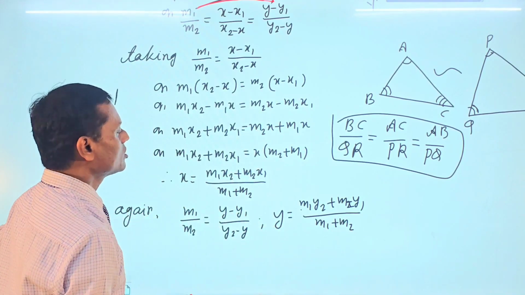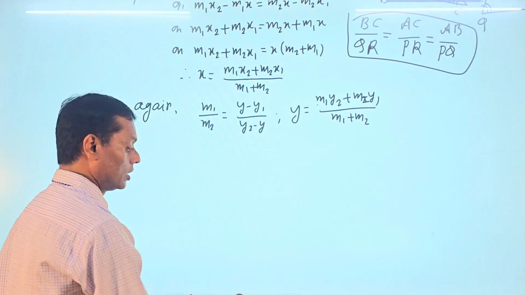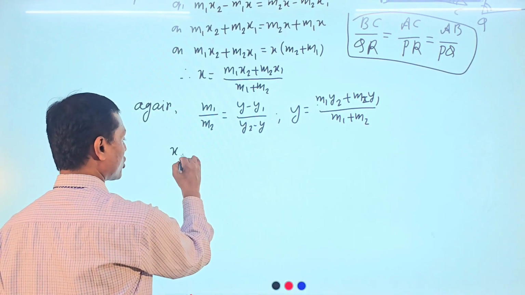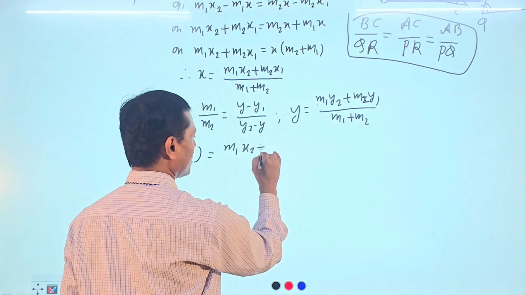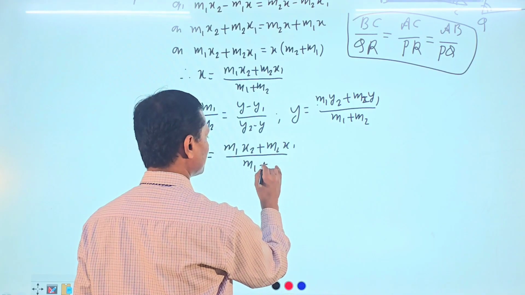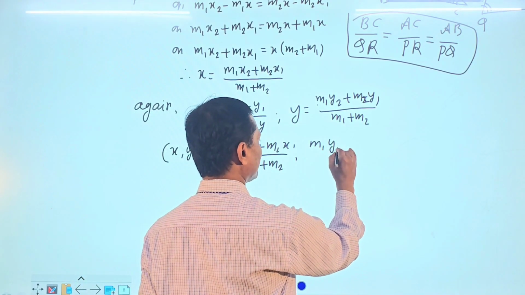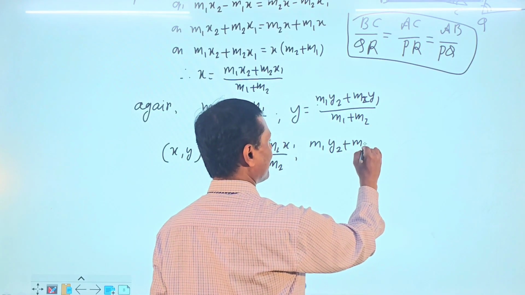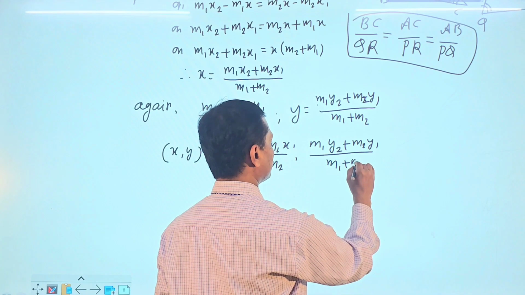So that gives the coordinates of the point which divides the given line in the given ratio. So we write X comma Y equals (M1X2 plus M2X1) over (M1 plus M2) comma (M1Y2 plus M2Y1) over (M1 plus M2), isn't it?